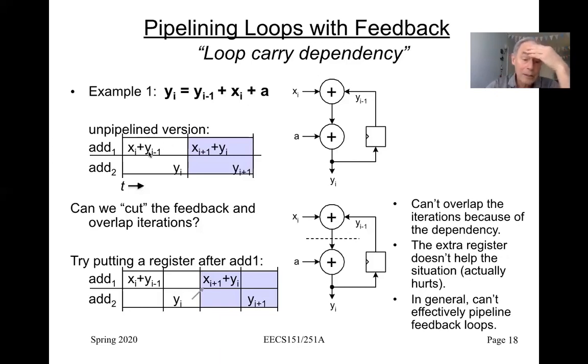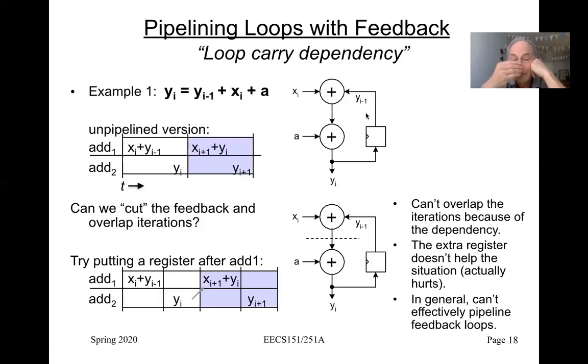So in the first part of the clock cycle, we use adder 1 to calculate x sub i plus y sub i minus 1. And the second part of the clock cycle, later in the clock cycle, because this is just going to kind of propagate through here, we'll calculate y sub i, which is going to be a plus this stuff up here, right? And then on the next clock cycle, we repeat that. Okay, so this is just unpipelined.